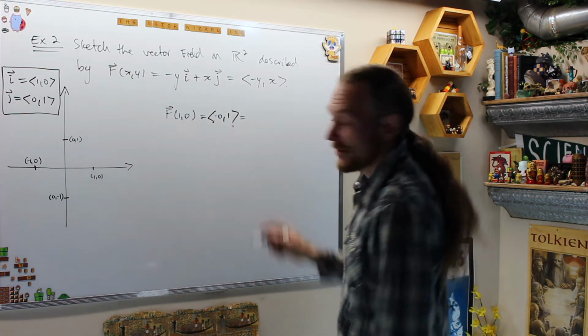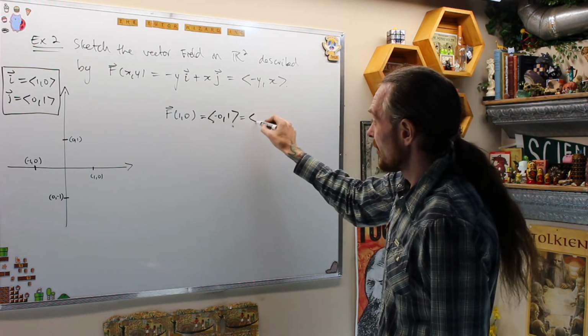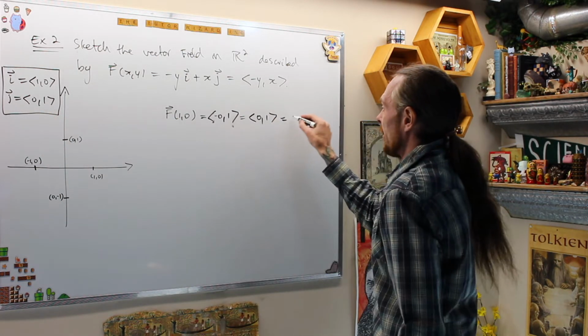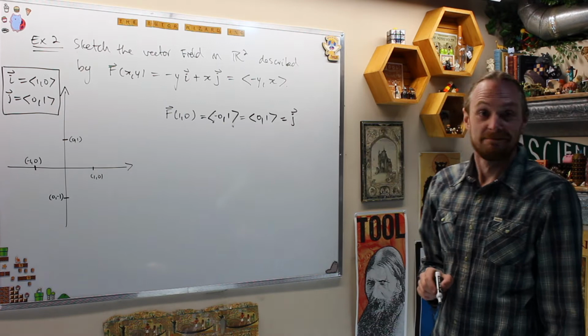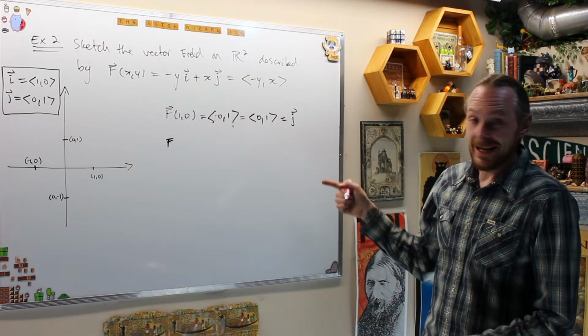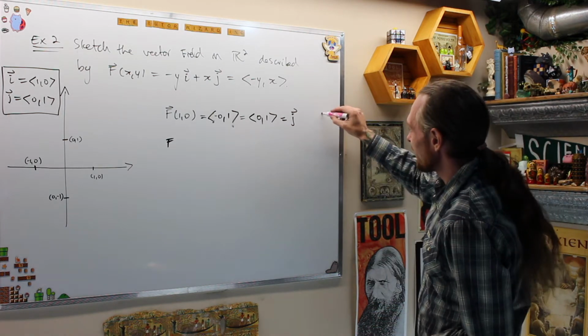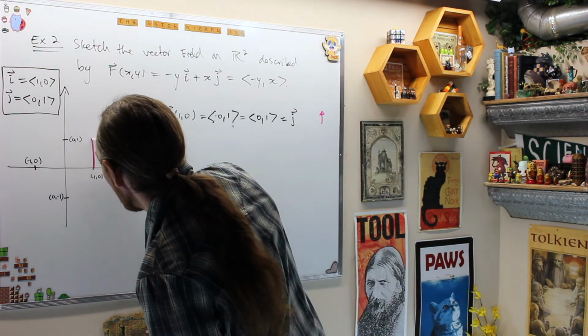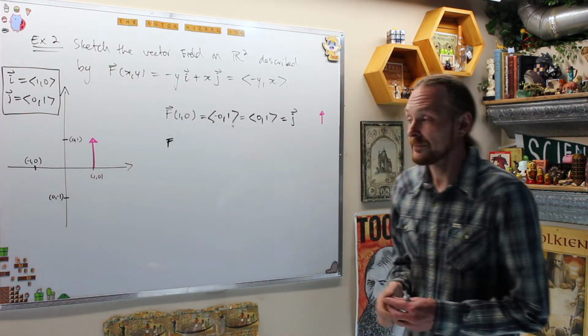It's a vector now. And that negative 0 gives me who? j, turns out. So then we can draw it. j is this vector. And therefore, I'm going to get that vector.